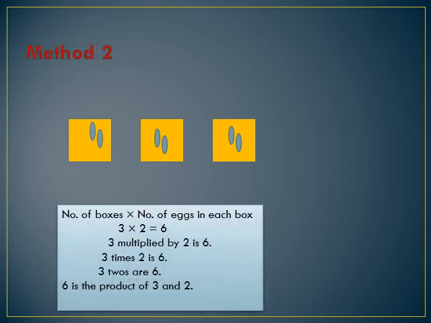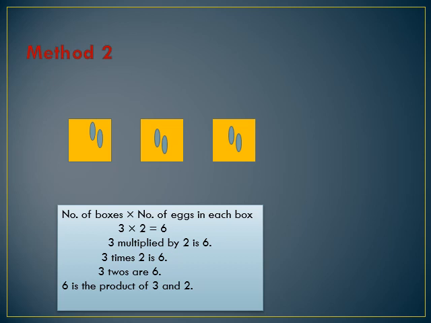Now, let us see method 2. Here, we would be multiplying the number. Let us see how. There are 3 boxes. Each box has 2 eggs in it.